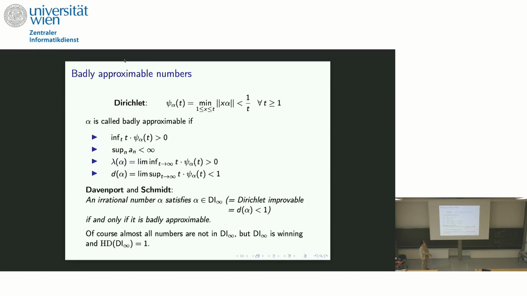So Dirichlet improvability means that D is less than 1, which means that lambda is greater than 0, for an irrational number. We do not speak today about rational numbers, because for rational numbers nothing is interesting: from one moment this will be 0 and there is no mathematics.